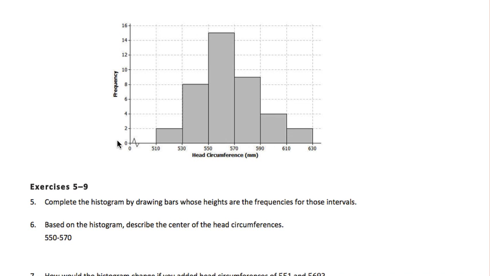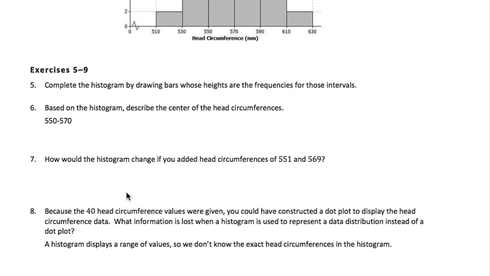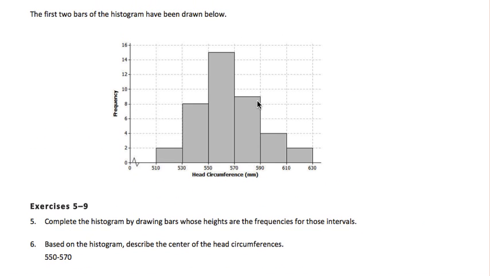On the other hand, we can display 200 values on a histogram even in the same amount of space that we have represented the 40 head circumferences we have here, because our frequency axis could change. Instead of intervals of 2, we could make it intervals of 5 or 10 or even 100 if necessary.